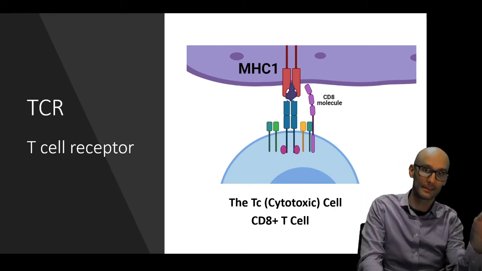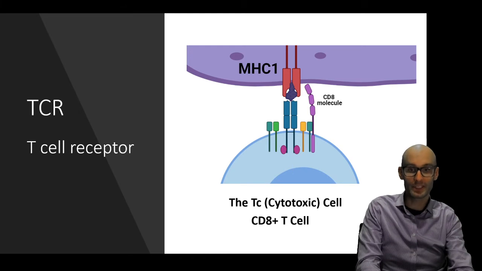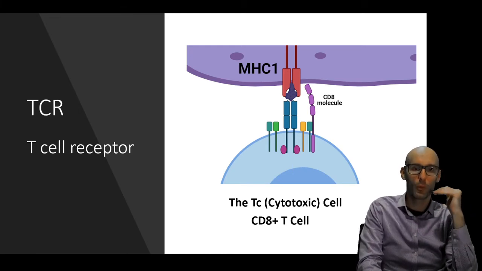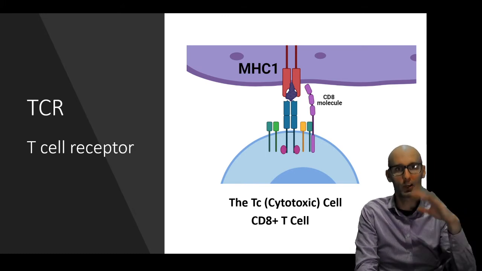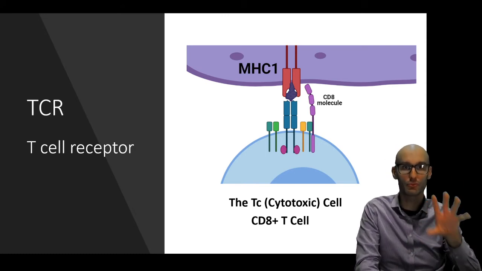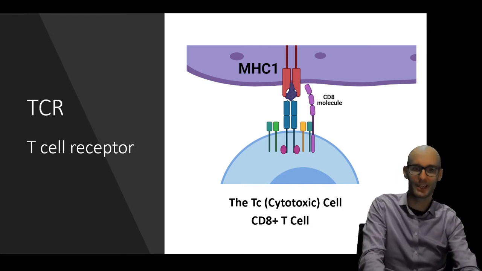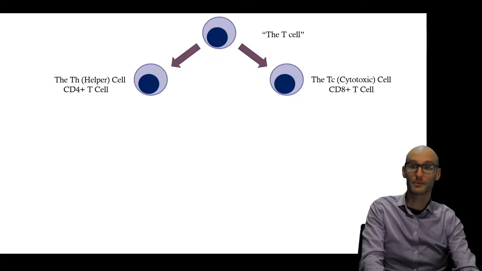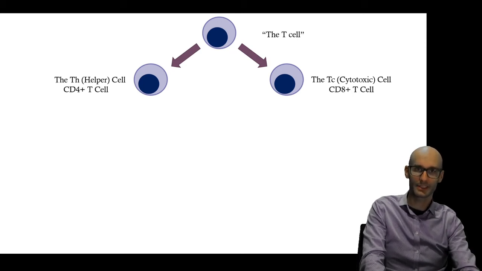But again, the T cell receptor on a cytotoxic T cell will only recognize one specific antigen because of that self-genetically engineering process that I mentioned in a previous video on B cells. So that's the major difference between a T helper cell and a cytotoxic T cell.